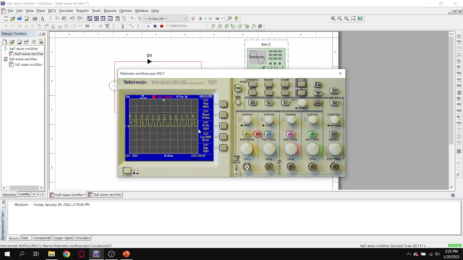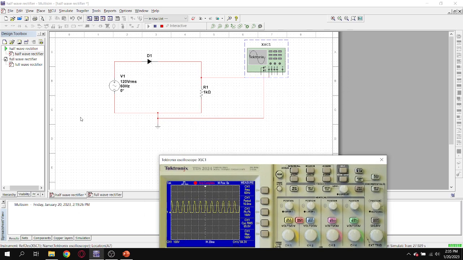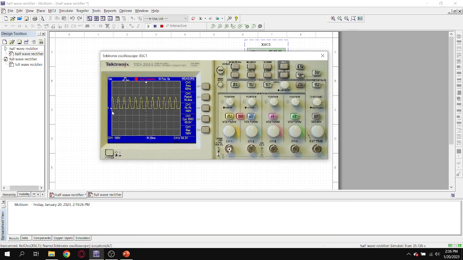So this is the frequency. This is the waveform that we get from the reading across the 1 kilo ohm resistor. As you can see, the waveform goes up on the positive side, and then it goes down, but not completely down like a basic AC voltage.